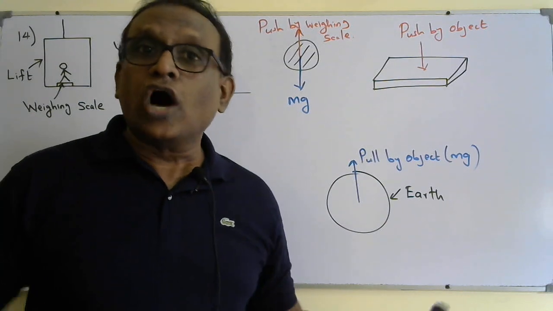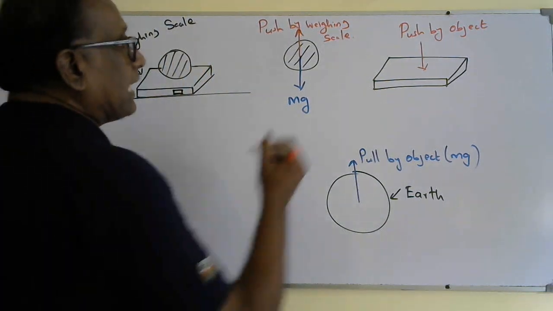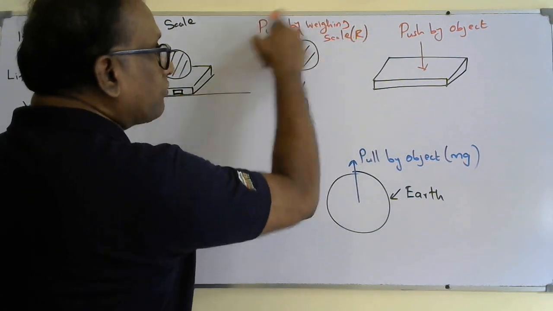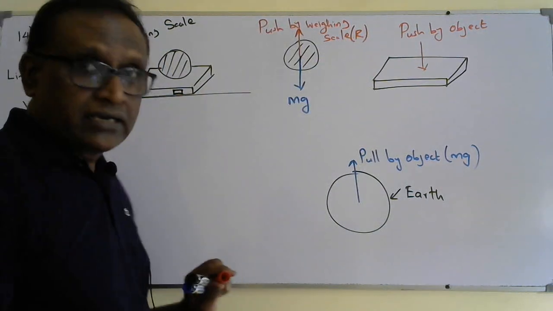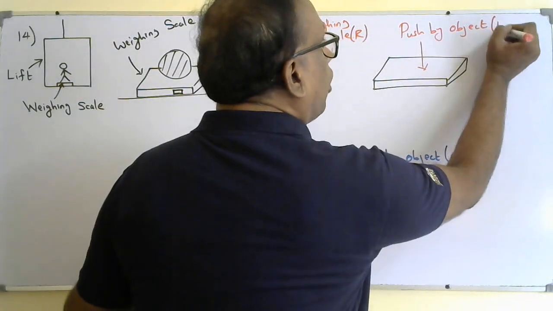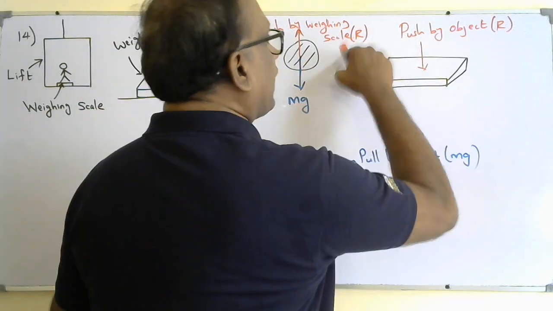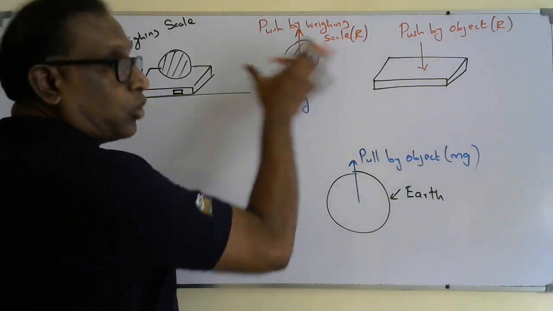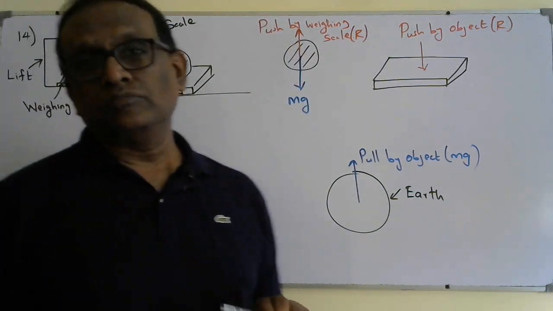We call it normal reaction and denote it as capital R. If the magnitude of this force is R, this magnitude is also the same, because they are Newton's third law pair of forces. So now only two forces are acting on the object.